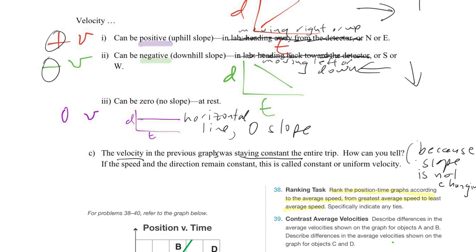Anywhere along those lines, the slope remains the same. Now here, you would not call that uniform motion because it's at rest. So if you have a horizontal line, the velocity is staying constant because there is no velocity.